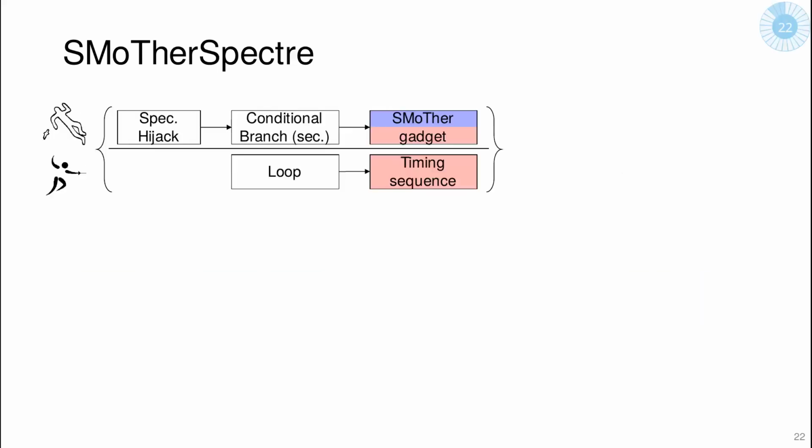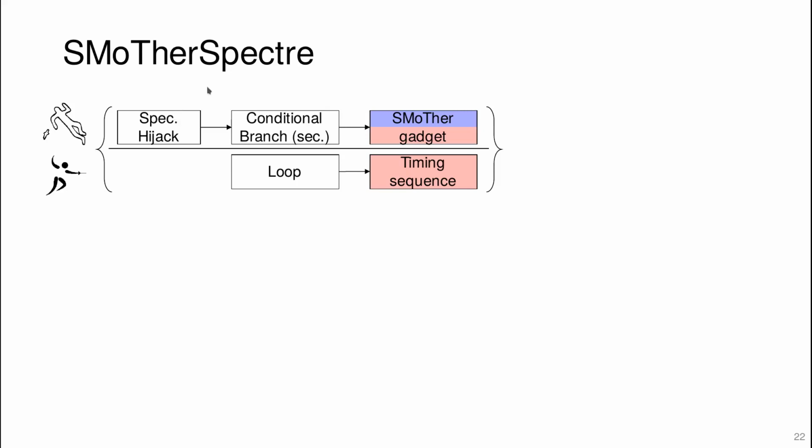So this is the full SMOTher Spectre side channel in operation. You'll have a victim that has a secret. At first the speculative control flow needs to be hijacked using whichever way in the literature is suitable here.